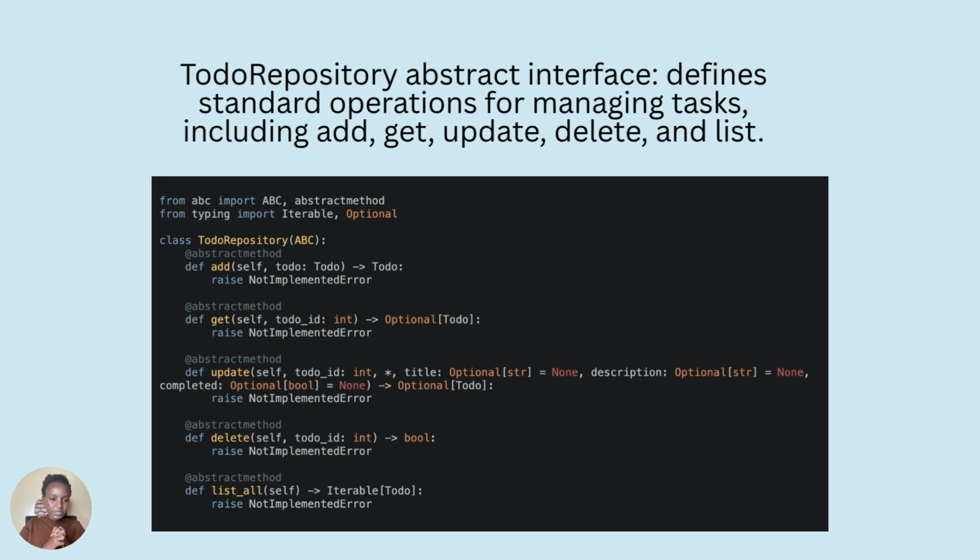What's another thing to note here? Add is here. And as I mentioned, add belongs to the factory, but we now have it here. Why? It's common practice to find people have the create inside the repository, because as you can see, every other method belongs here apart from this.